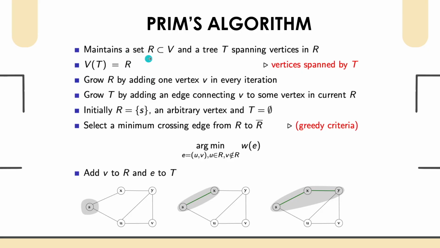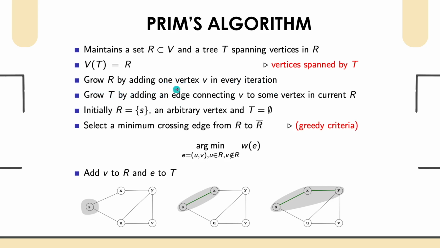So, this is Prim's algorithm in brief. Here we maintain a set capital R, which is a subset of V, and a tree capital T spanning the vertices in R. We are going to build a tree, and in the tree we are going to include all those vertices. So, V of T should have all the vertices in capital R, and we are going to grow R by adding one vertex after the other during every iteration.